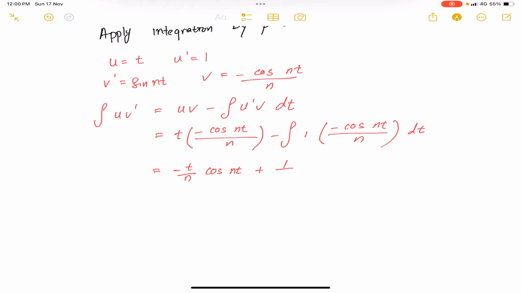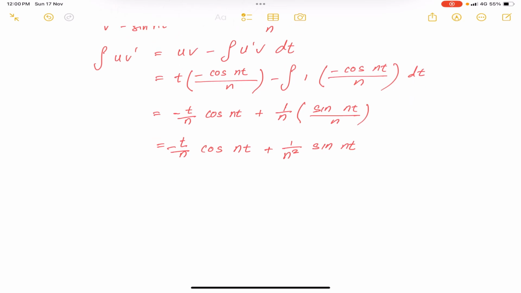So initially you already have 1 over n, and then this one is sine nt over n. Then you simplify. So 1 over n times n is n squared, sine nt. So you can simplify.